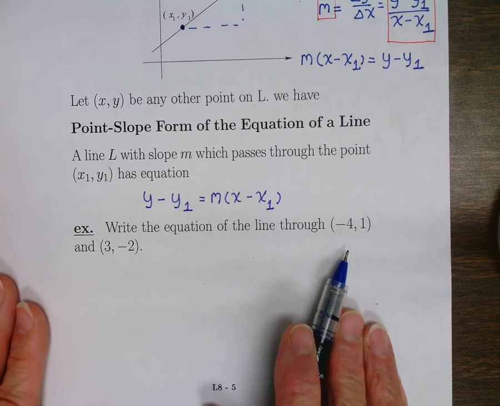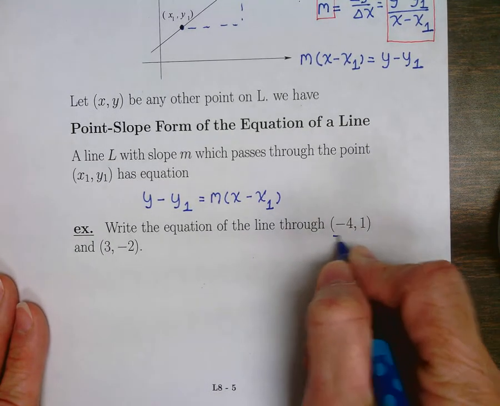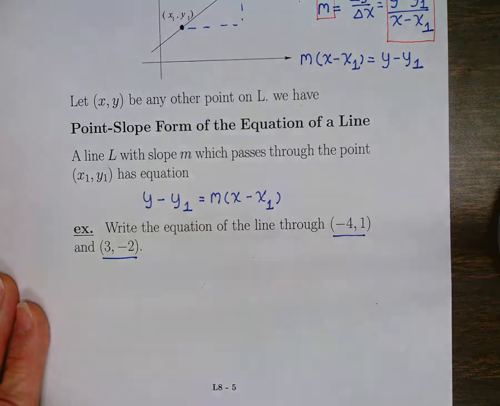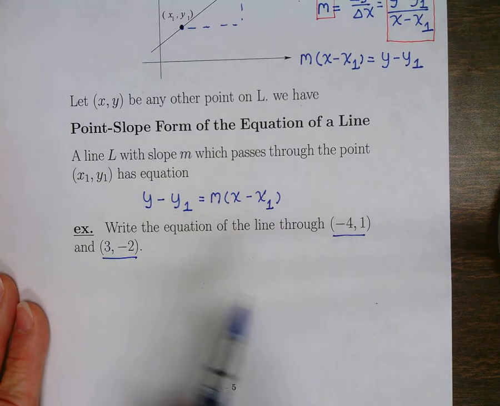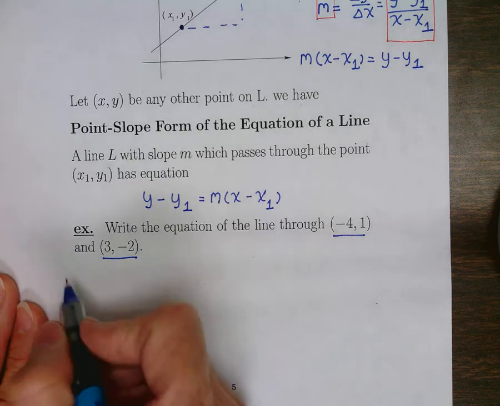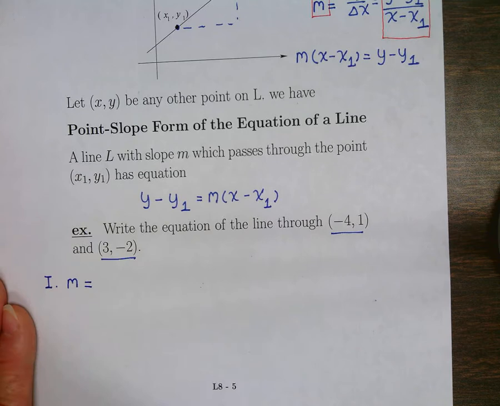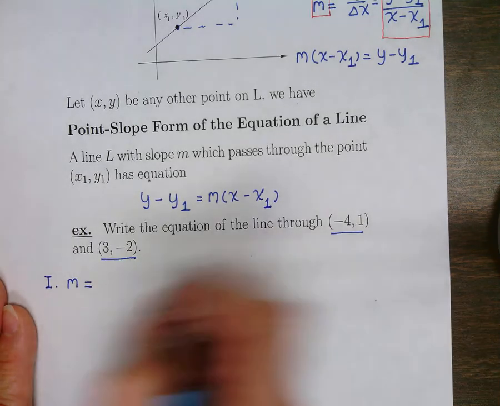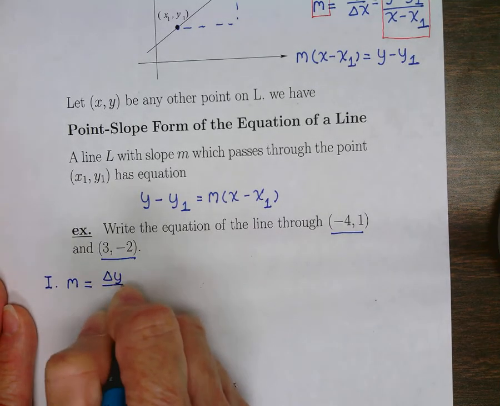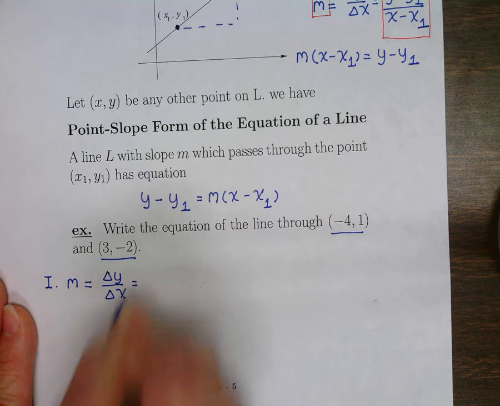We want to write the equation of the line through these 2 points. Now to use the point slope formula, we have to find the slope, okay? And so how do we do that? Well, we have a formula. We just use our formula, change in y over change in x. And I can subtract in either order.